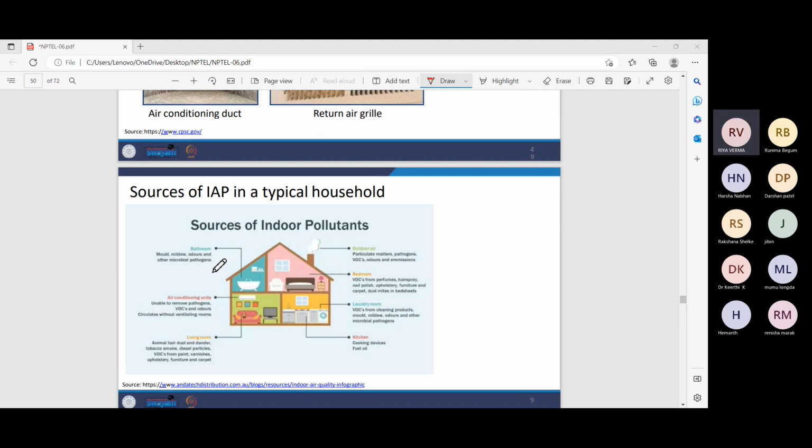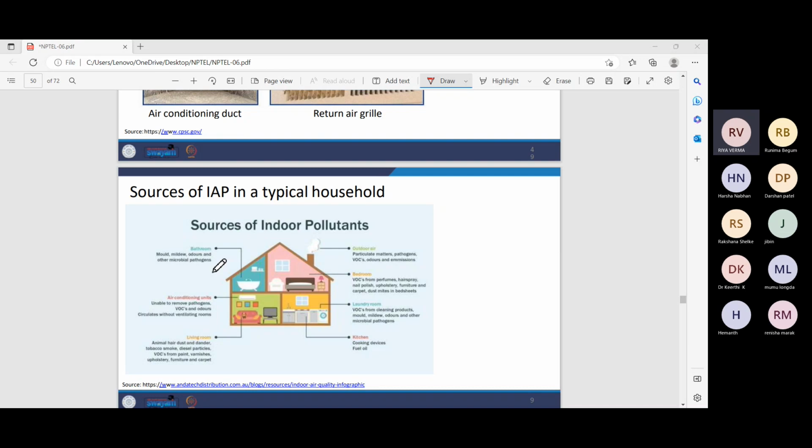Next is your outdoor air. If it has some amount of particulate matter, pathogens, and VOCs, then it can also enter inside our houses. Your bedrooms will have VOC emissions from perfumes, hairsprays, nail polishes, upholstery, furniture, and carpet. Then your bed sheets might have dust mites.